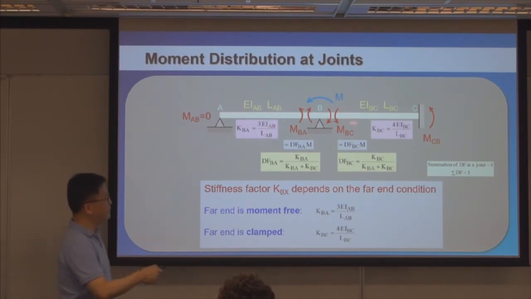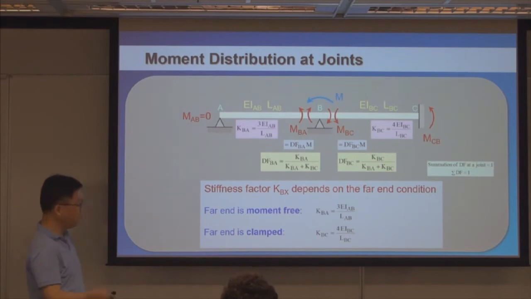If, on the other hand, the far end condition is clamped, then the stiffness coefficient remains 4EI over L. So whether you should use 3EI over L or 4EI over L for your stiffness coefficient depends on what is happening at the other ends of the components.